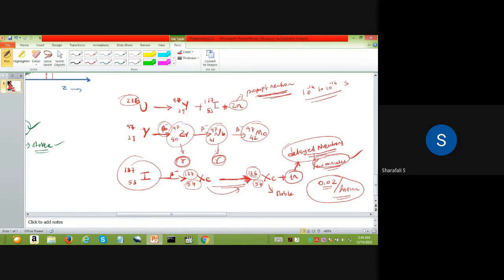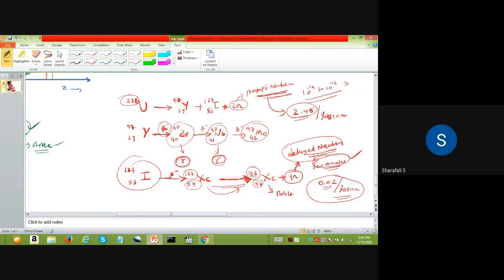So 0.02 per fission. And if you consider the above one, the prompt neutron fraction, this will be around 2.45 per fission. So per fission, you will get 2.45 neutrons on average for the prompt neutrons. Each fission will not produce a fraction of a neutron; this is an average value.